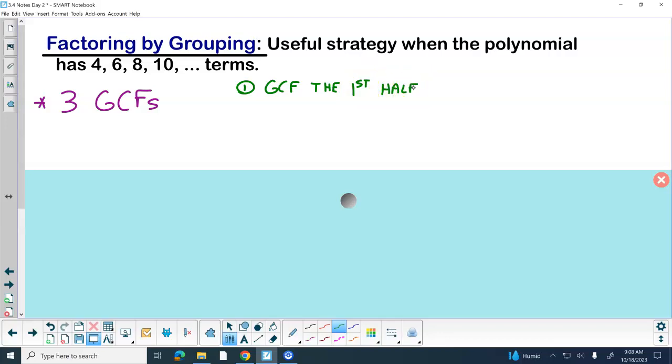You're going to cut the polynomial in half, and you're going to GCF the first half. Then you're going to GCF the second half.